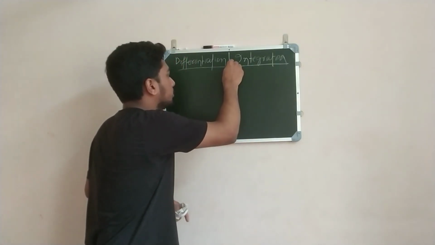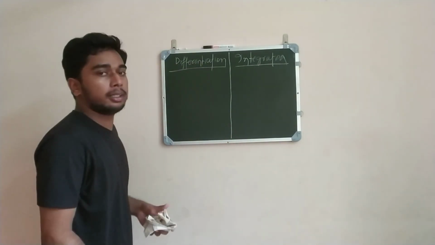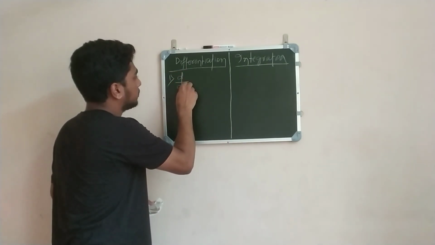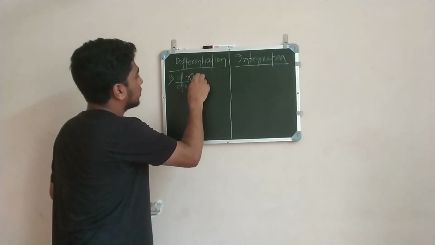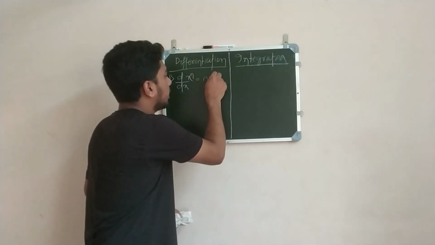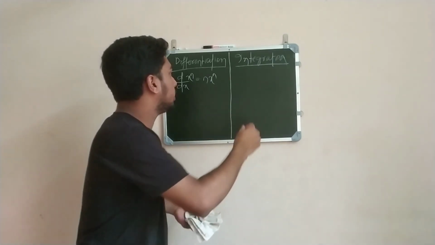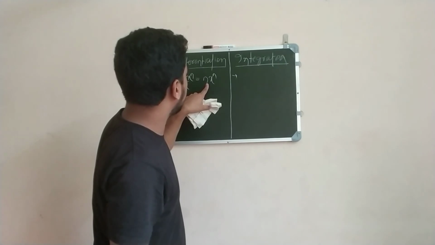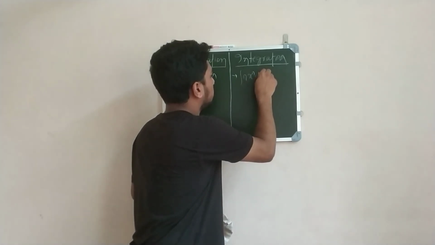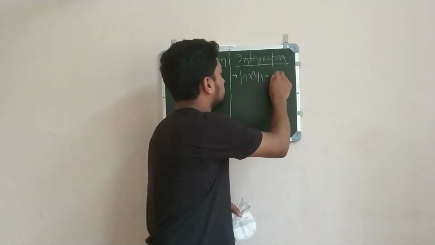The first formula in differentiation that I wrote was the differentiation of x to the power n, which was n times x to the power n minus 1. In integration I will write just the opposite: the integration of n times x to the power n minus 1 dx will be x to the power n.